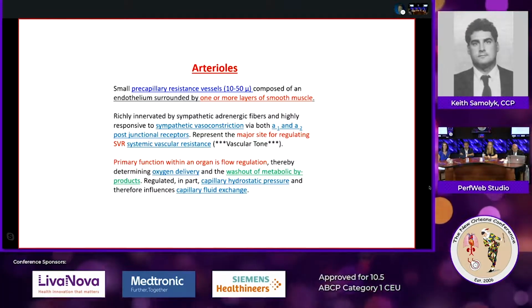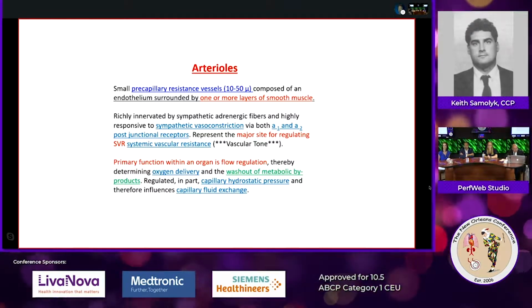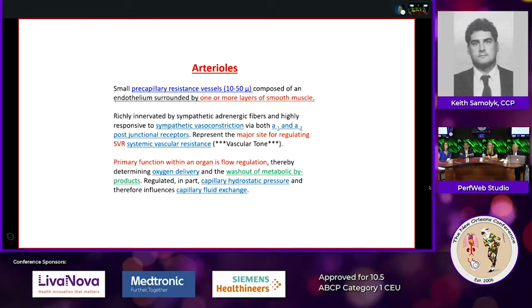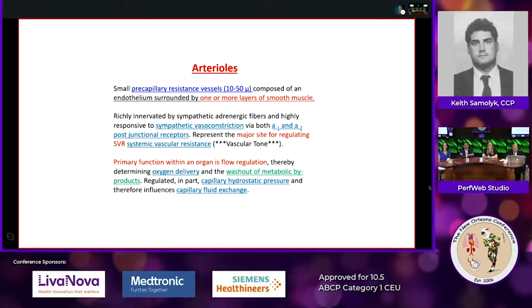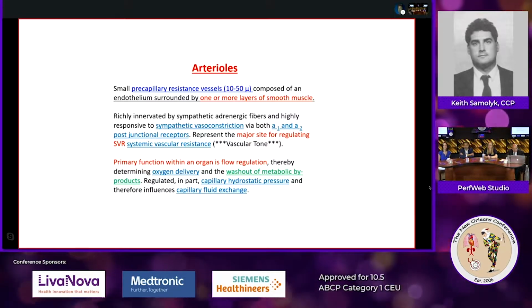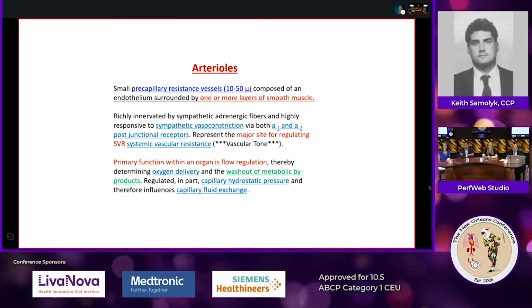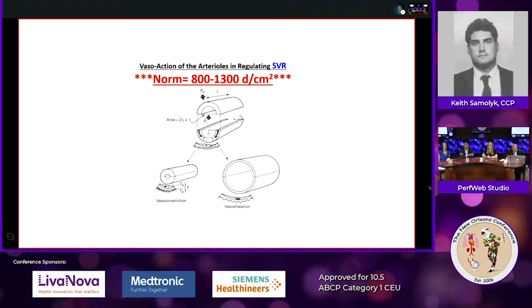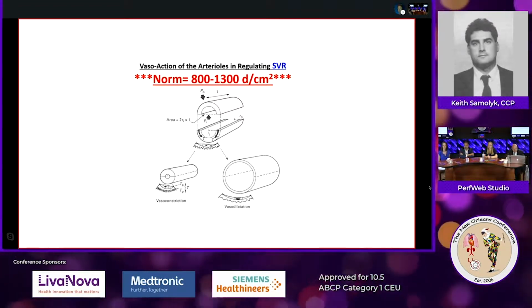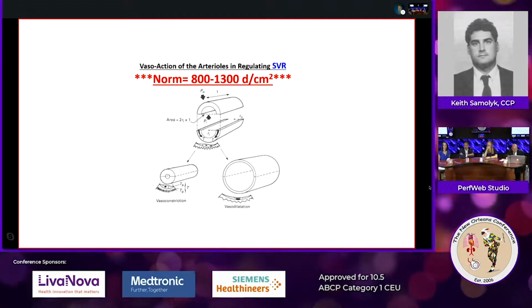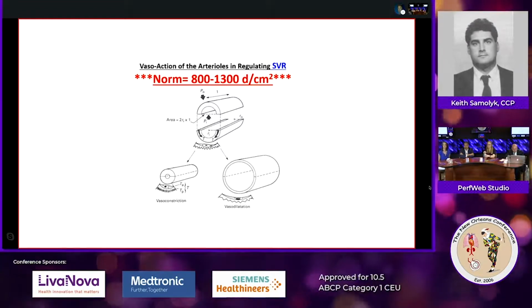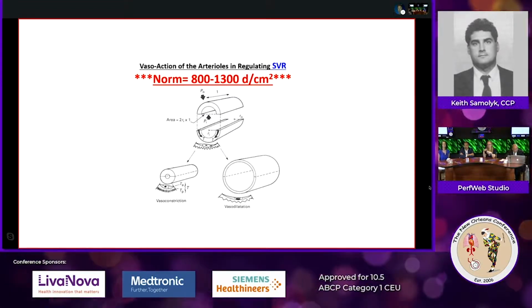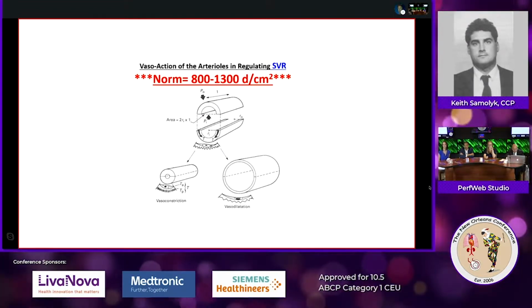And the primary function, again, is the autoregulation of flow going in and out of the capillary beds, where you wash out the metabolites and you drop off the oxygen and the nutrients. Again, this is just a representation. Your normal SVR should be 800 to 1,300 dynes per centimeter squared. The bottom left is vasoconstricted, and the bottom right is vasodilated.